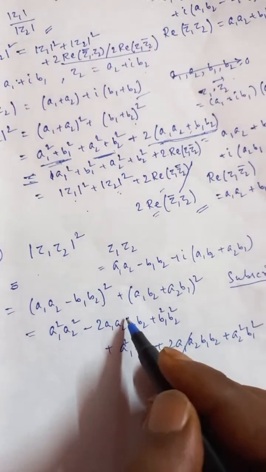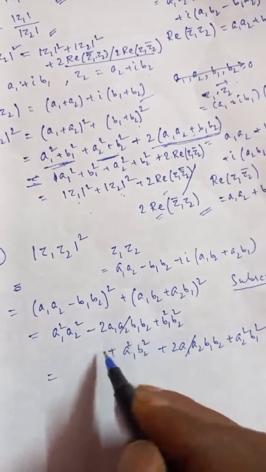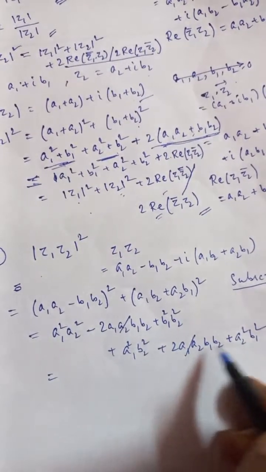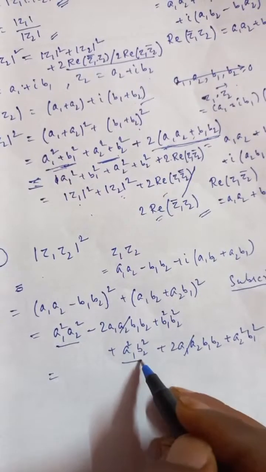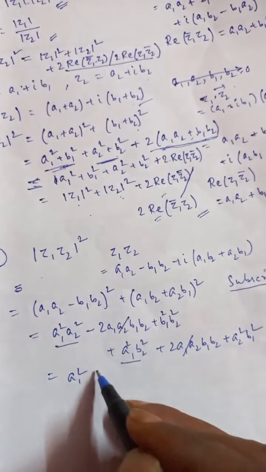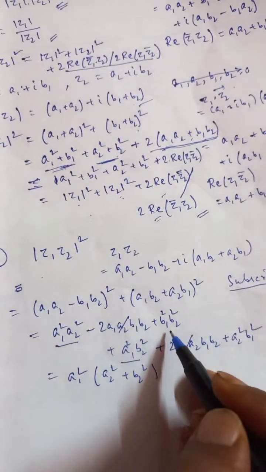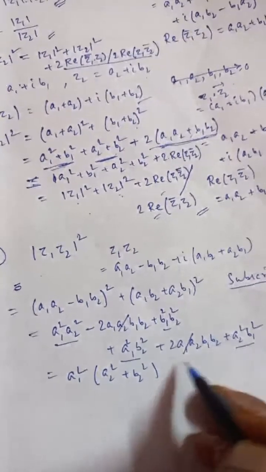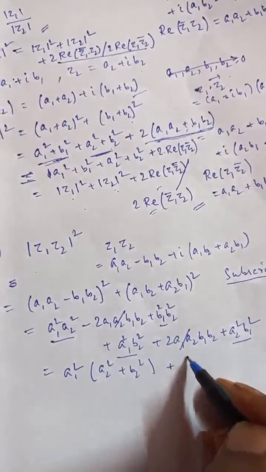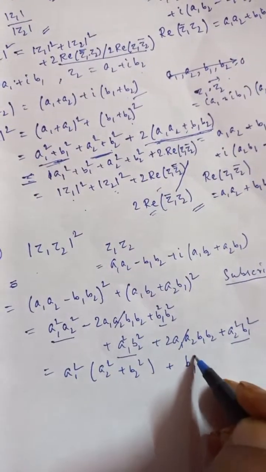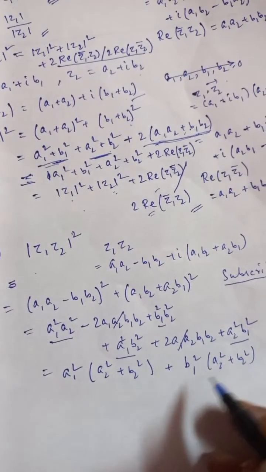So this cancels each other, and after that I'm using another line to write this down. I'm just taking common: from the first two terms we can take a1 whole square, and we will get a2 whole square plus b2 whole square, and from the second and third terms we can take b1 whole square common.